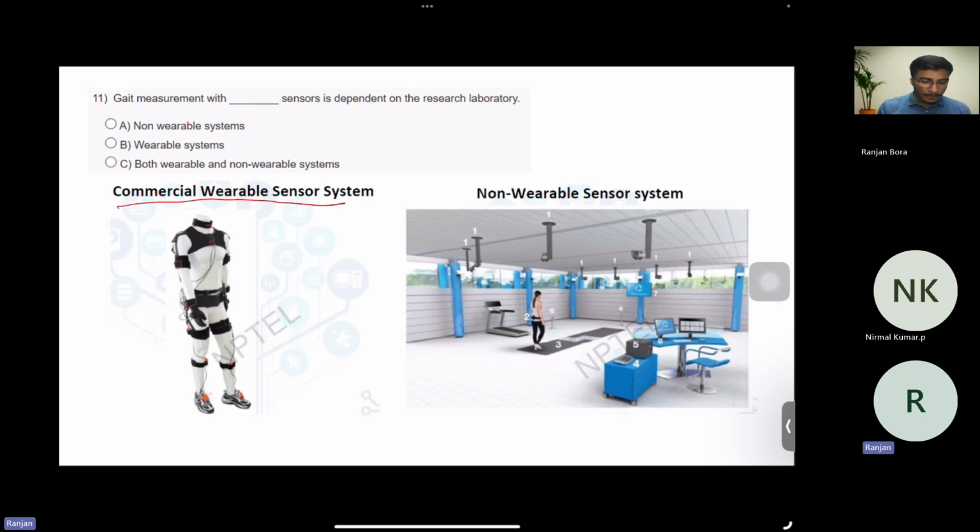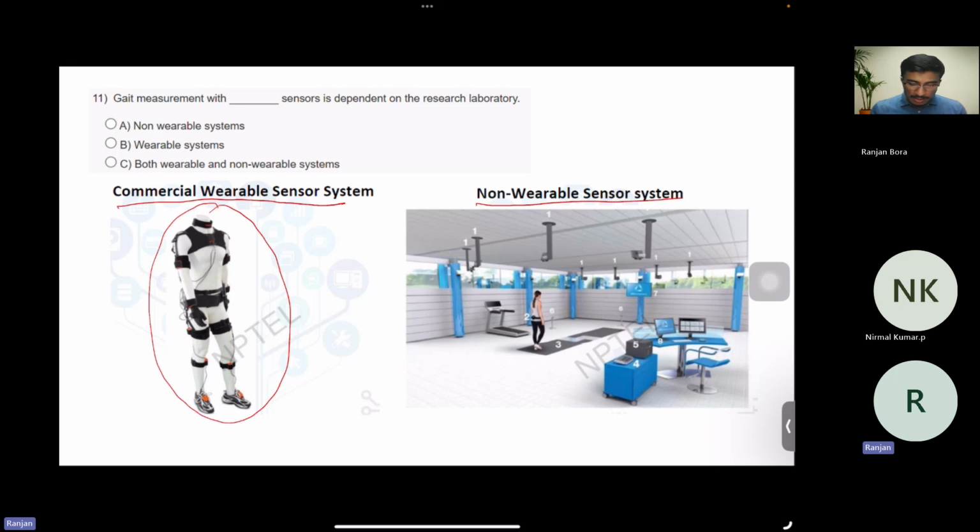It means all the measurement devices the subject can wear on the body, and this is an example of a non-wearable system. It means the devices are not on the body. They are placed in a laboratory.